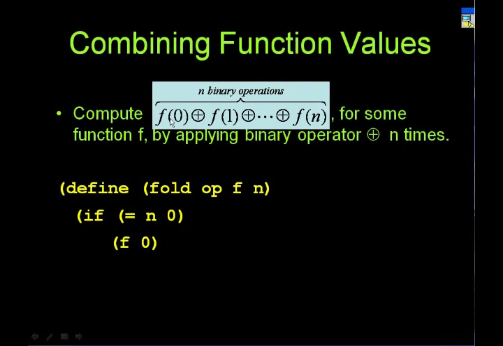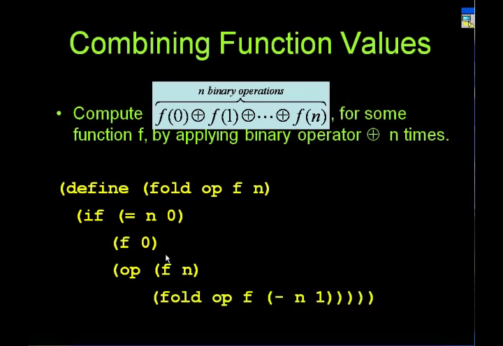F0. When n is 0, it means the operator is applied 0 times. You just return the first piece, which is F0. No brainer. After that, if not, you will apply the operator to Fn and the recursive call. In other words, if it's not one piece, you will do this and fold it into the remaining stuff.